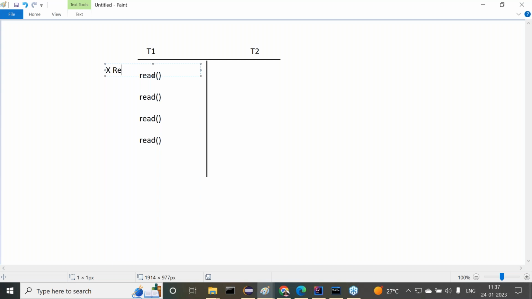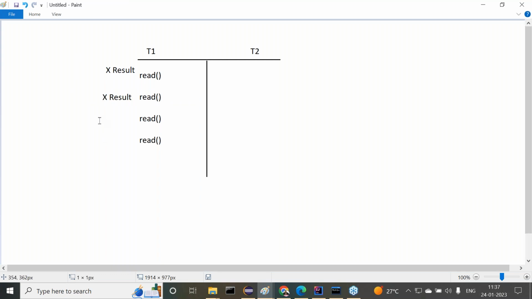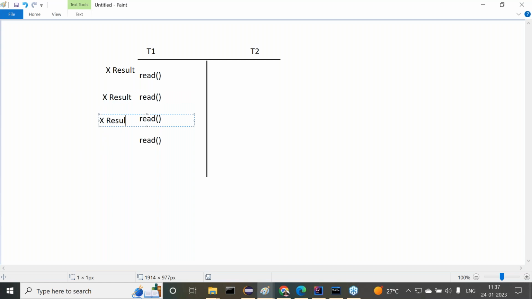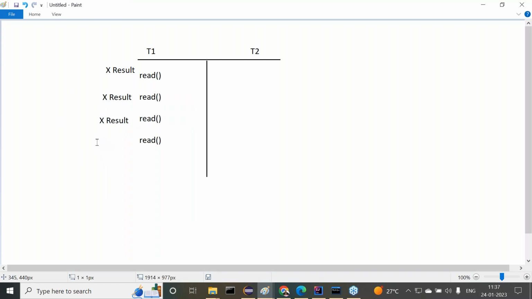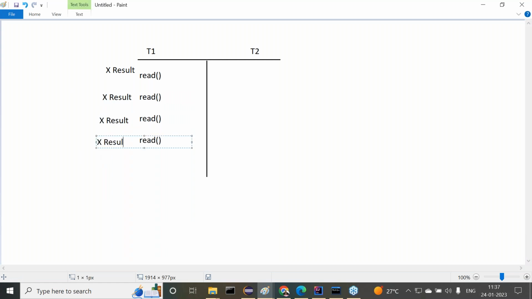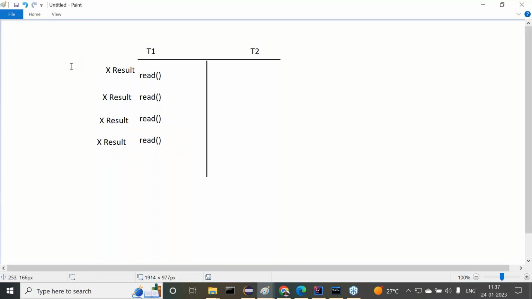Every time we want to get some X result. Here also some X result, here also some X result, and here also some X result. Continuously we are getting X results. We want to check this.